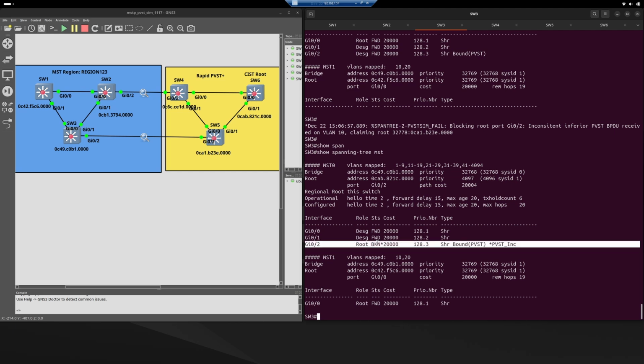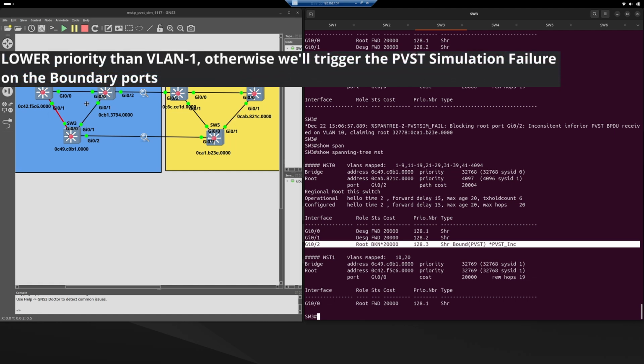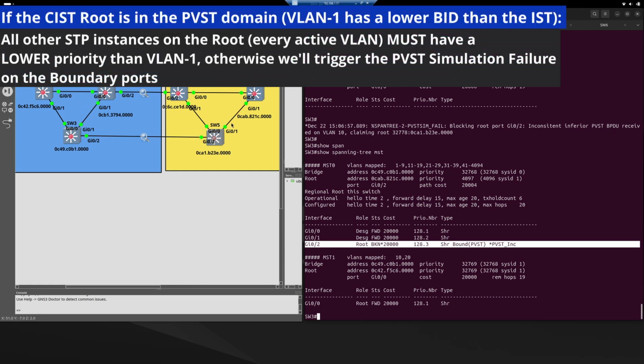So how can we resolve this issue? If the CIST root is not in the MST region, every single STP instance for every VLAN besides VLAN 1 must have a lower bridge ID than VLAN 1.